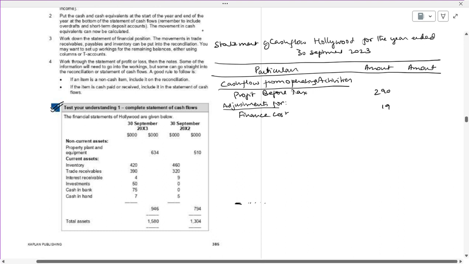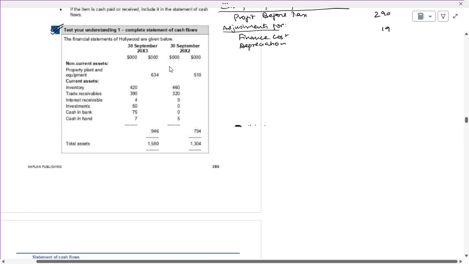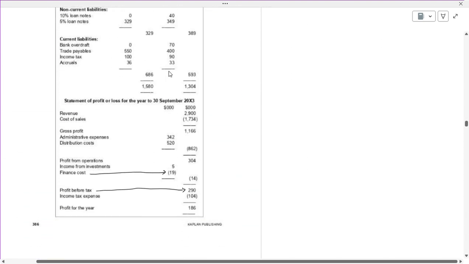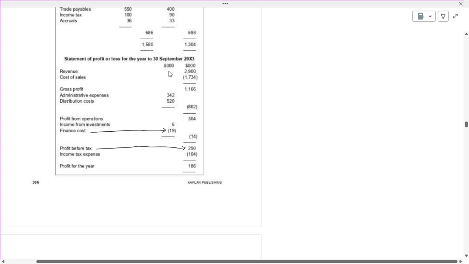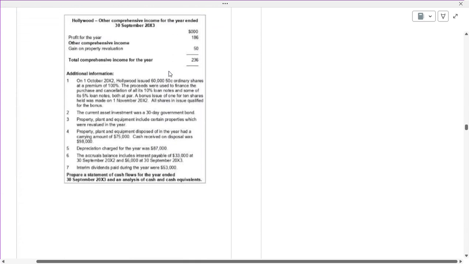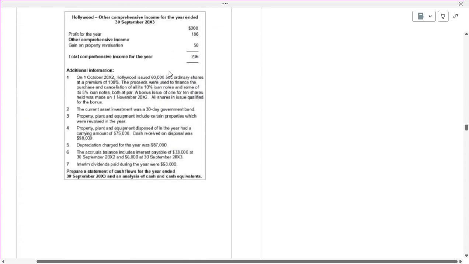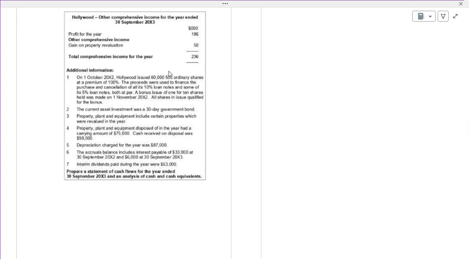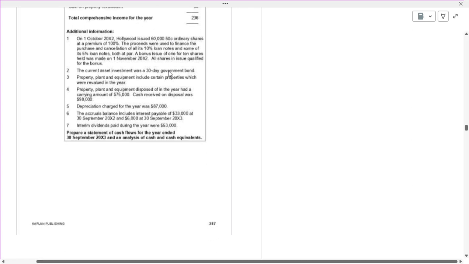Depreciation. How much is the depreciation? Check it. Point number 5.